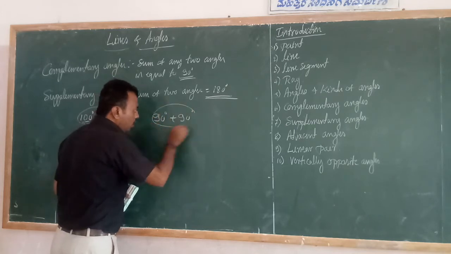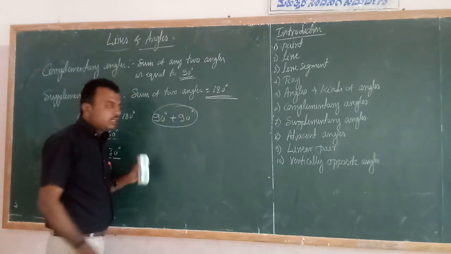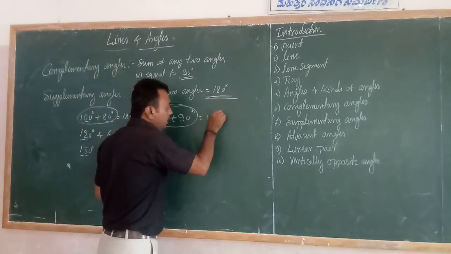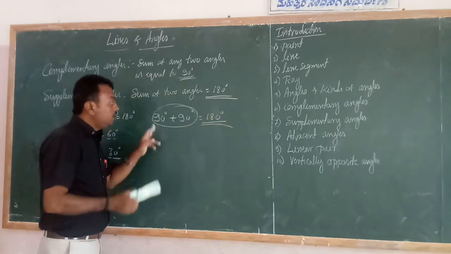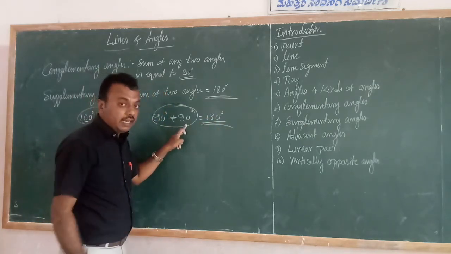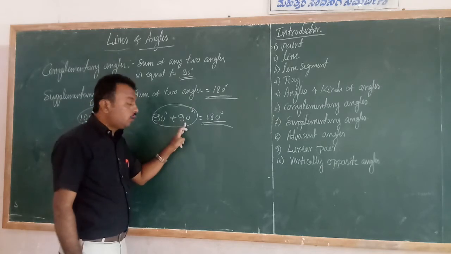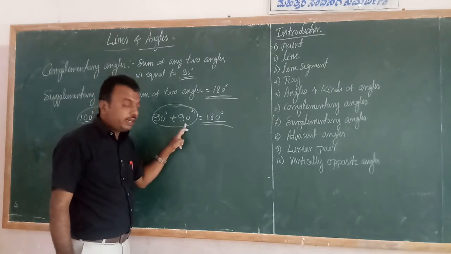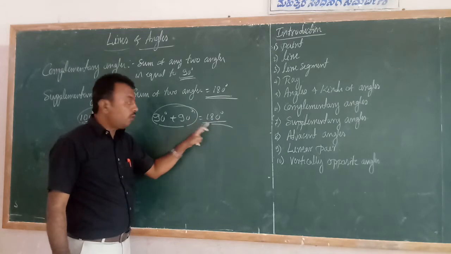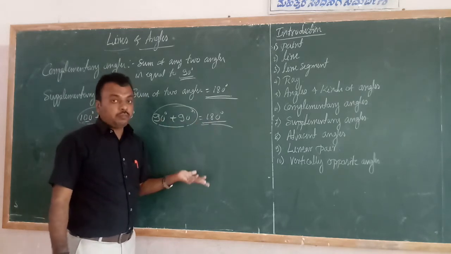These two are also supplementary angles, because the sum is equal to 180. But these two angles are right angles. The sum of the two right angles is equal to 180 degree.